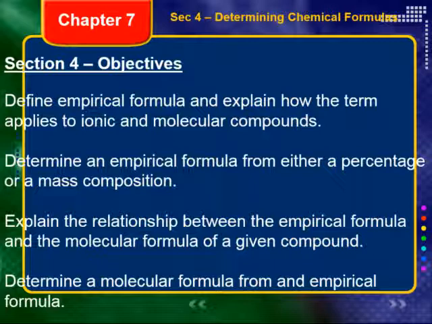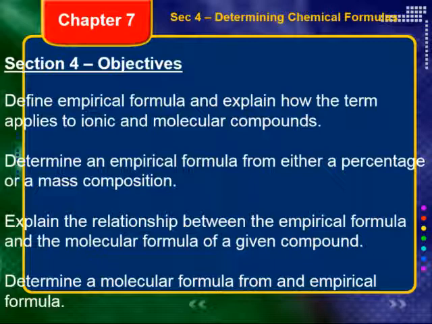Last section we discovered what percentage composition is and how to determine that. Now when you use this sort of physical analysis, you're given percent composition, and we're going to learn what to do with that percent composition in this section.